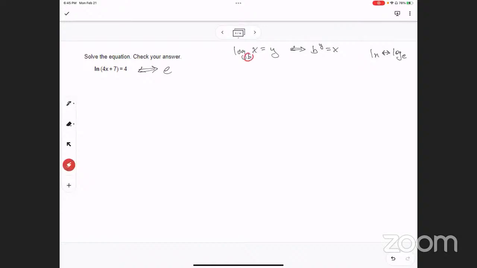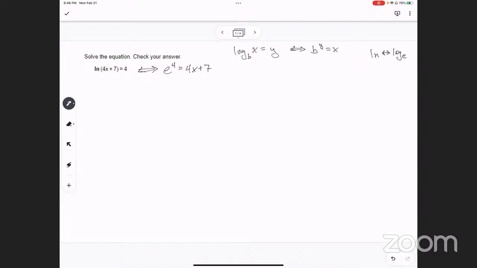Look at what I do. I go b to that power equals this. Draw a circle like that. B to the y equals x. The base is always the base. So e to the 4, good, equals 4x plus 7. There you go.